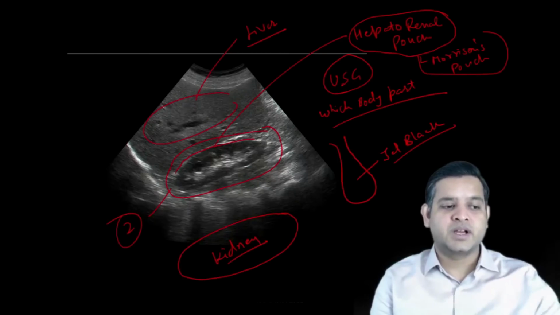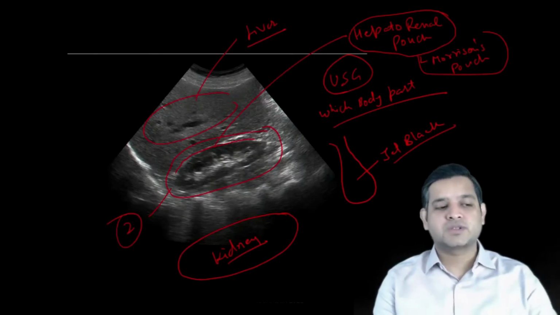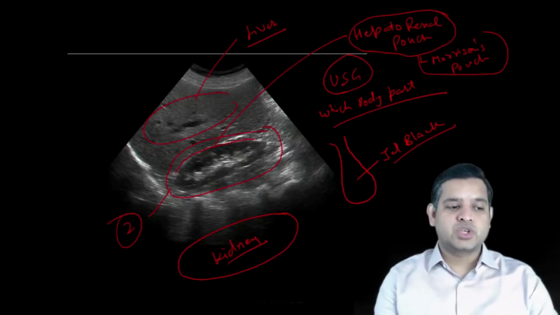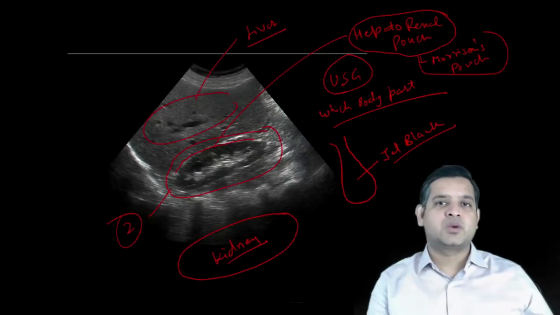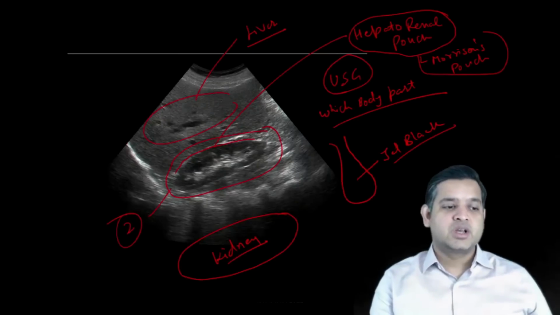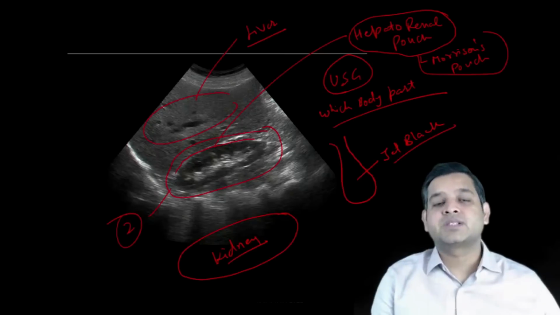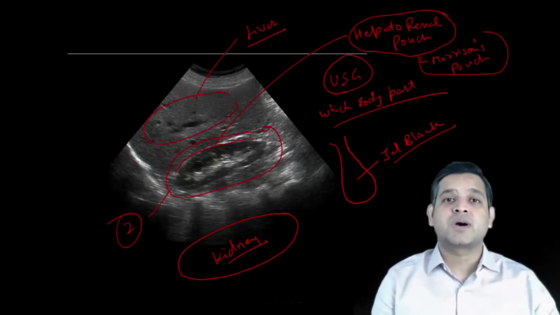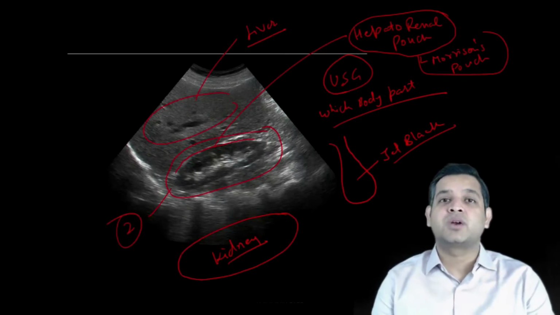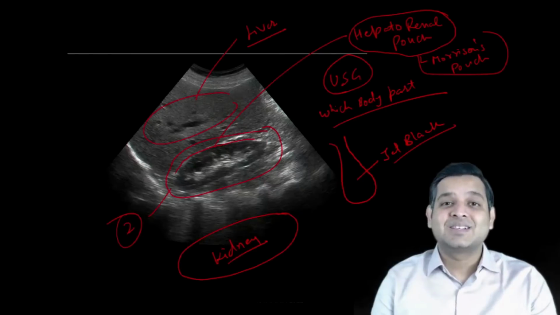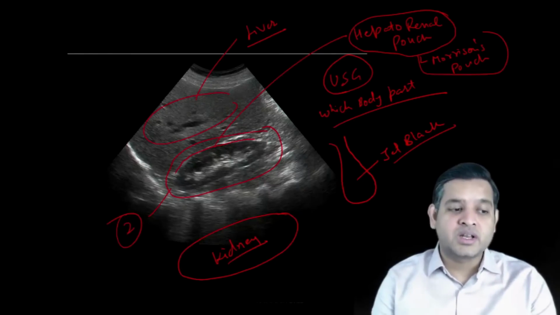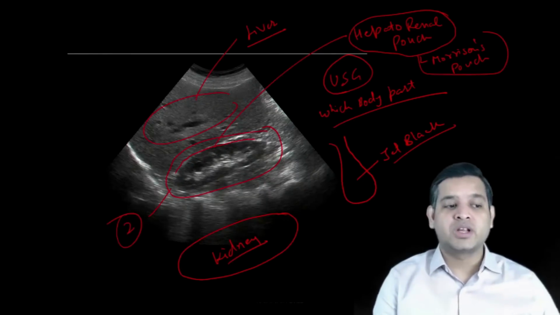Tell me whether it is true or false. So please remember, that's a false statement, because Morrison's pouch is the most dependent part of the peritoneum in supine position, not in erect position.